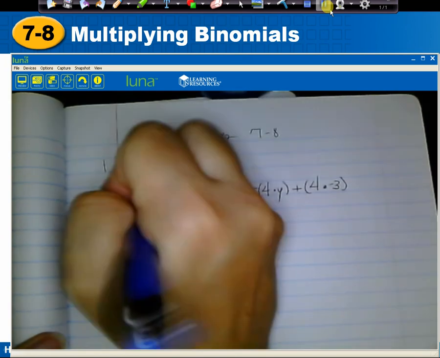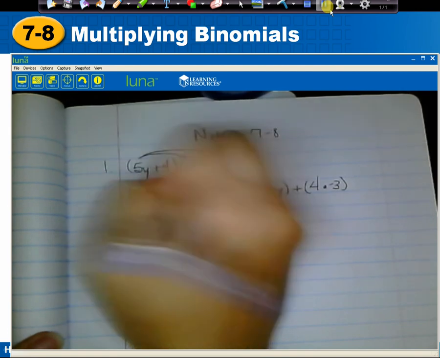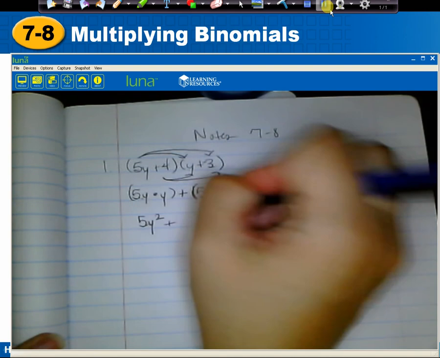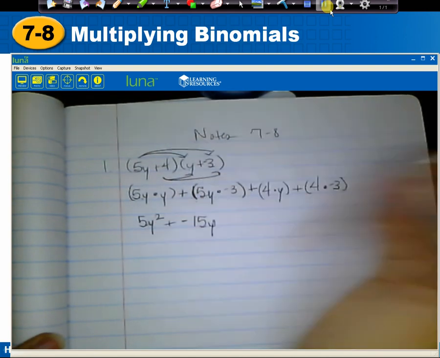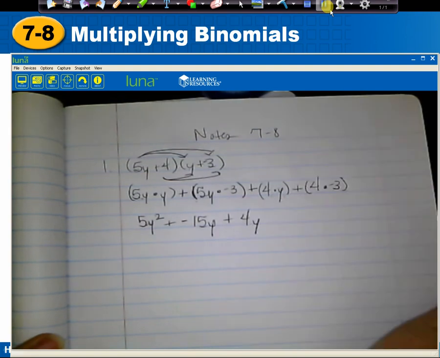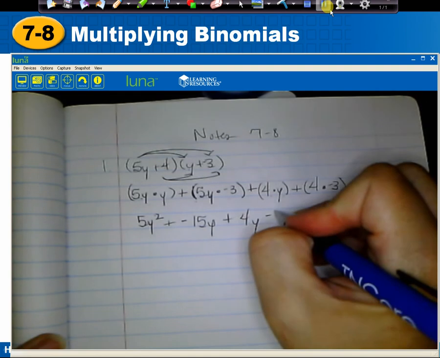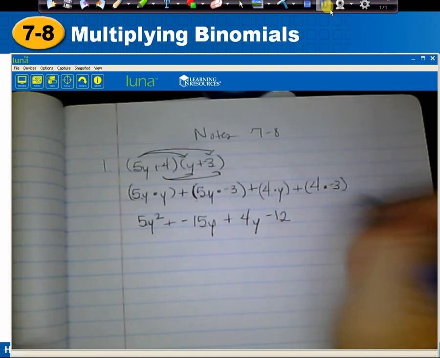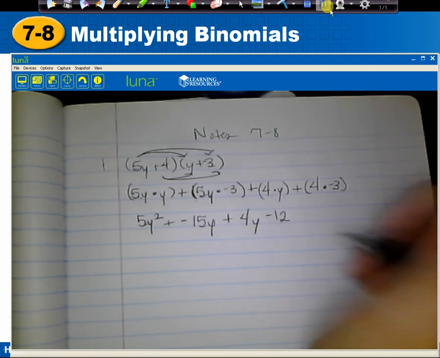5y times y gives me 5y squared plus 5y times negative 3 gives me a negative 15y plus 4 times y gives me 4y, and 4 times negative 3 gives me a negative 12. So now I'm going to look and see where my like terms are.